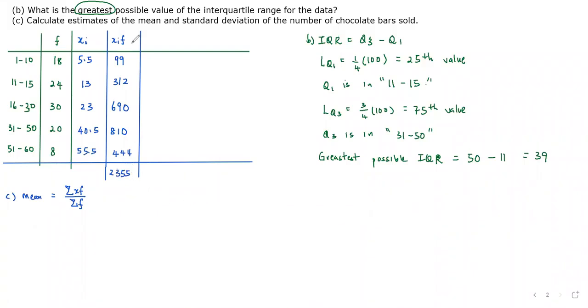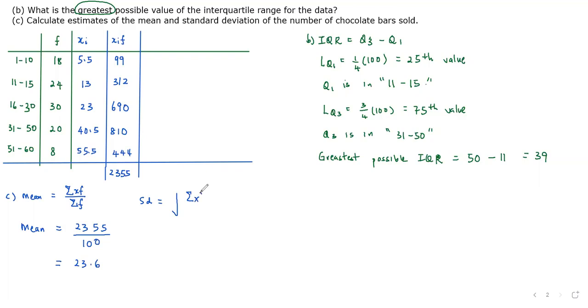That will give you the sum of xf. The mean is 2,355 divided by the total frequency, which is 100. So the mean is 23.6.